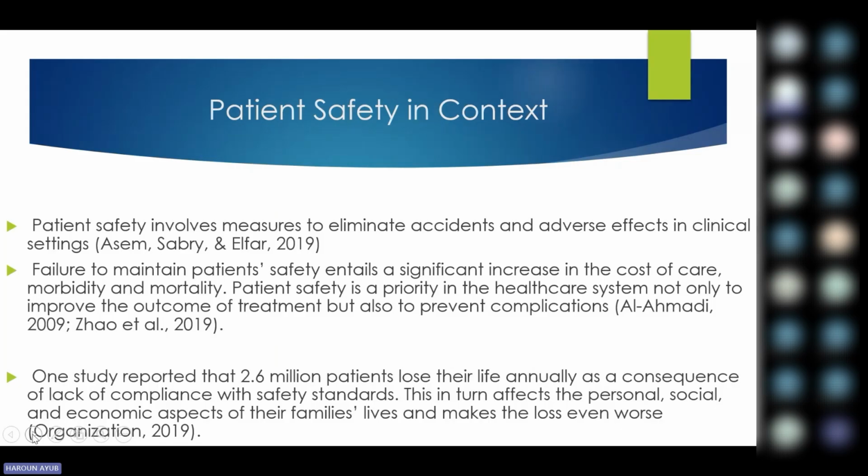So in this particular case, if 2.6 million patients lose their life annually as a consequence of lack of compliance to safety, it comes in as a high risk. The number is quite high. And you find that the more one life is lost due to either negligence or lack of focus on safety, the more ripple effects come into place.